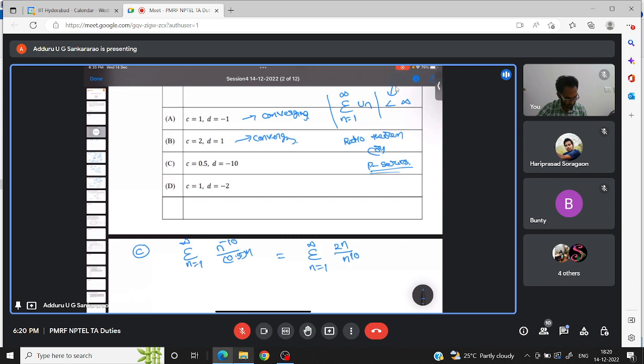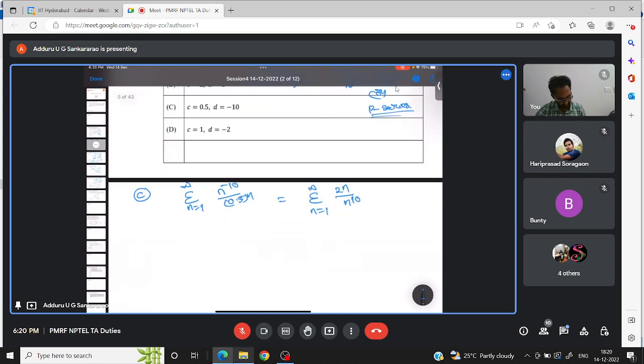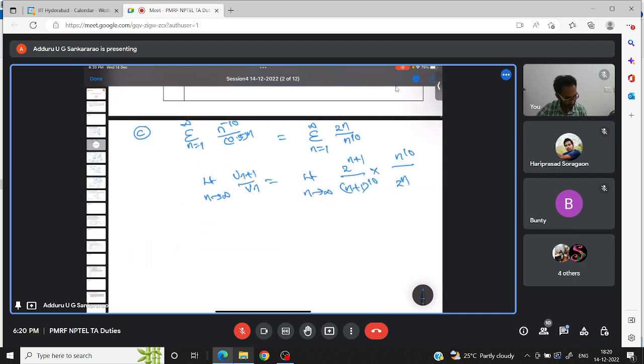Right? So again, you take limit n tends to infinity u of n plus 1 by u of n. So it will become limit n tends to infinity 2 power n plus 1 by n plus 1 power 10, into n power 10 by 2 power n.